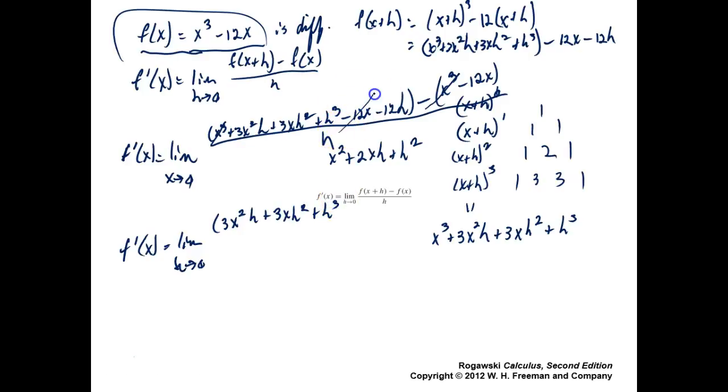Here's a minus 12x, and here's a minus 12x. Those add to 0, right? You don't believe me. We should have taken another step, shouldn't we? This would have been minus x squared plus 12x, and that plus 12x and the minus 12x wipe out, right? So they're gone, okay? And then we just have left a minus 12h. All this divided by h.